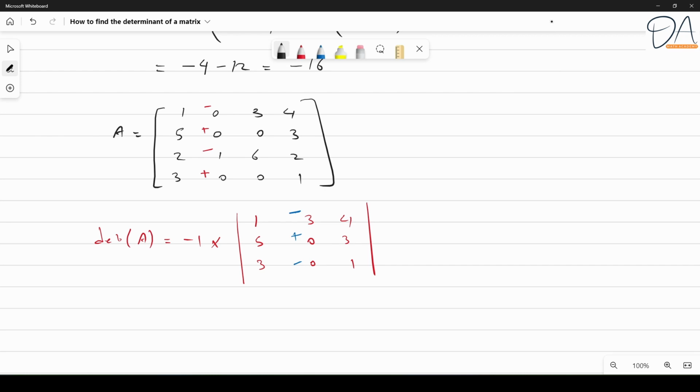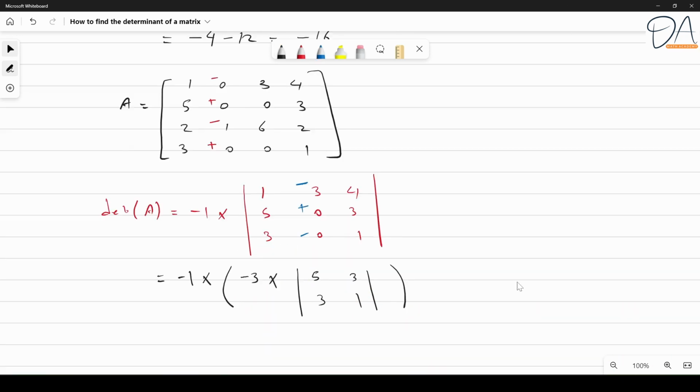Then let's expand this. So we have the minus 1 that we have before. And then to expand this, we take the first element in the second column, which is minus 3 times. Now we again need to create a new determinant by eliminating the row and column for the minus 3 element. So if we do that, we get 5, 3, 3, 1.